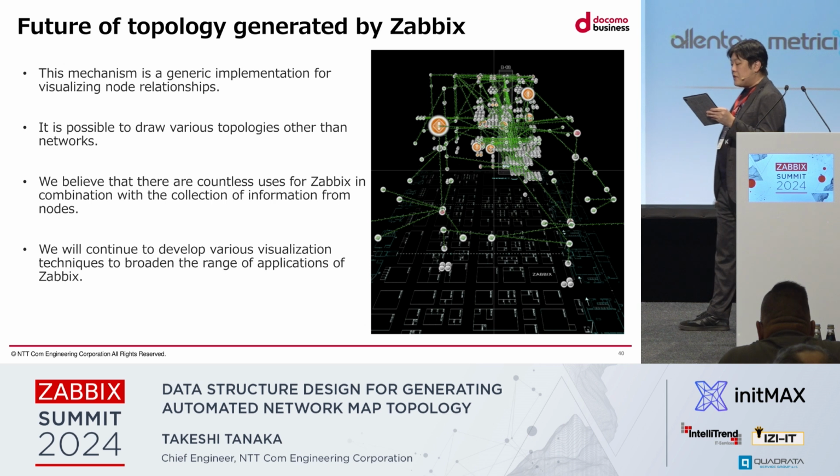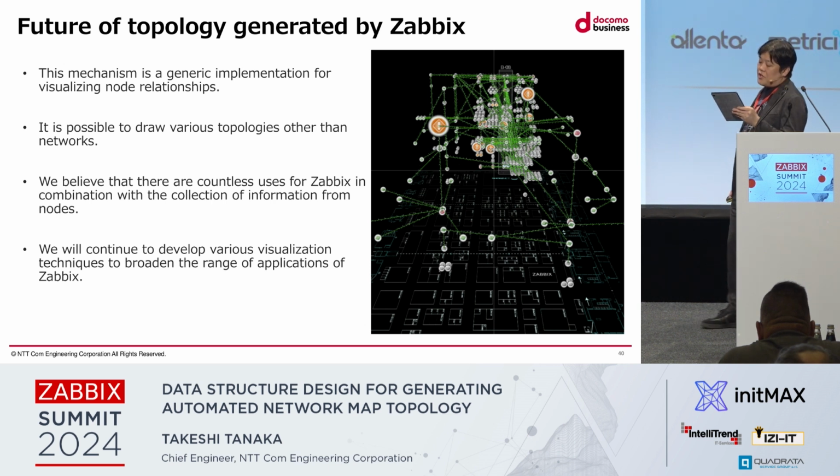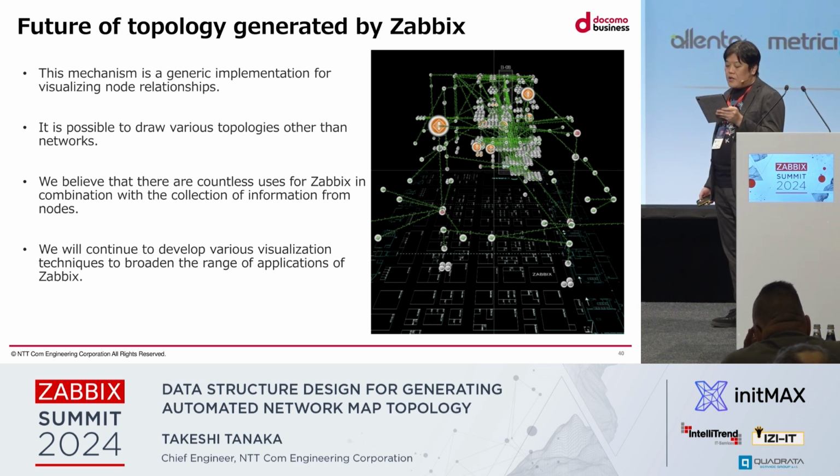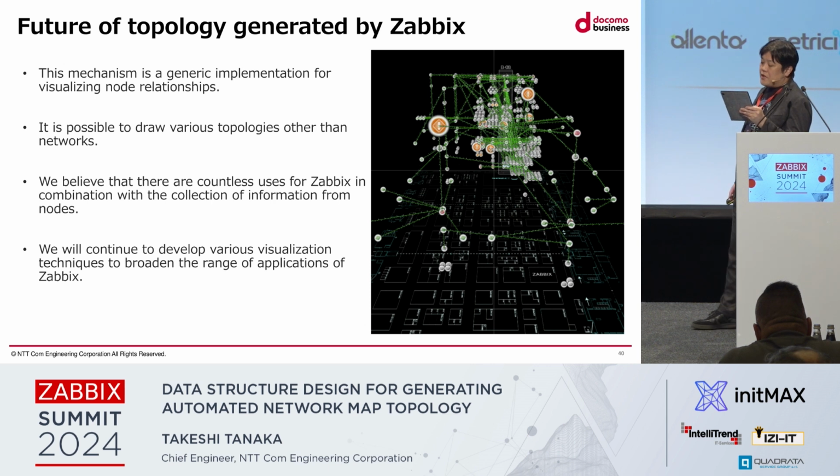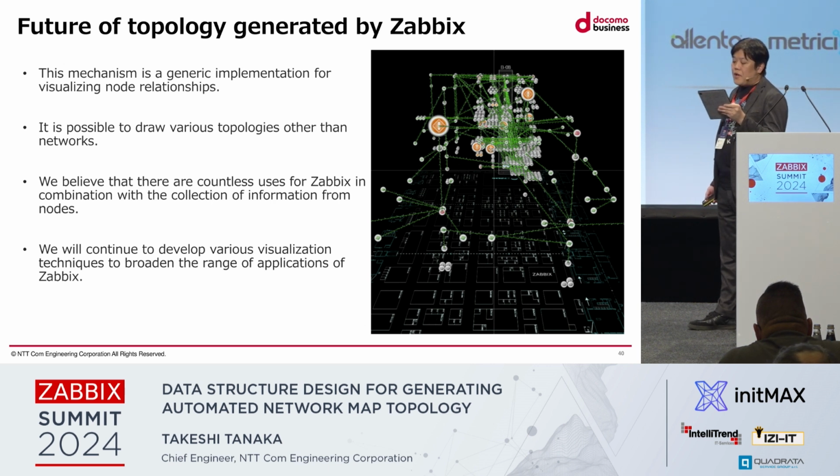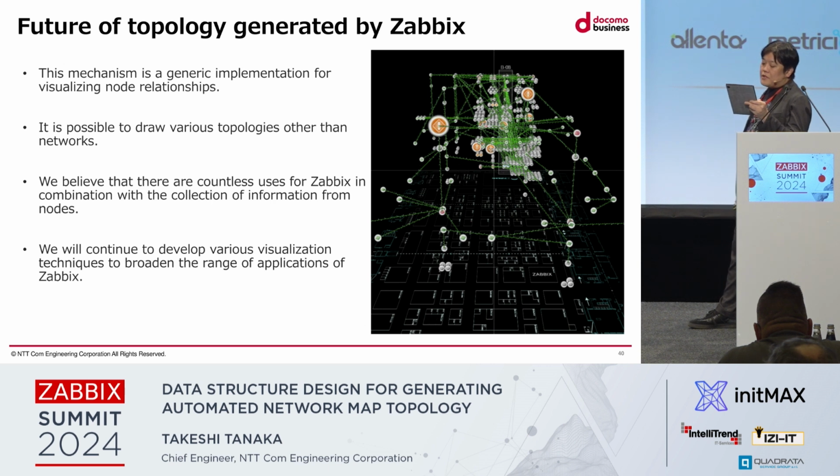For example, the topology of security structure and application architecture can also be represented by topology. Besides IT, there are many other topologies, such as social networks, logistics networks, and so on. We believe that this technology will help broaden the scope of application of Zabbix.